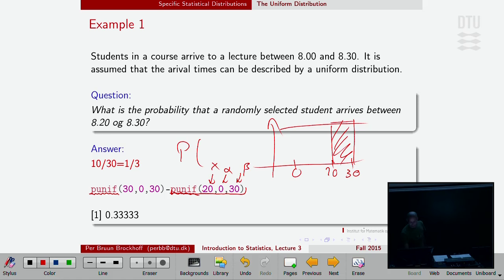I take the probability of being below 30. What's that, by the way, in this model? I model it as going from 0 to 30. What's the probability of being below 30? It's 1. And the probability of being below 20, this is this one. This is 2/3, and now I think I've spent seconds enough on this little example.